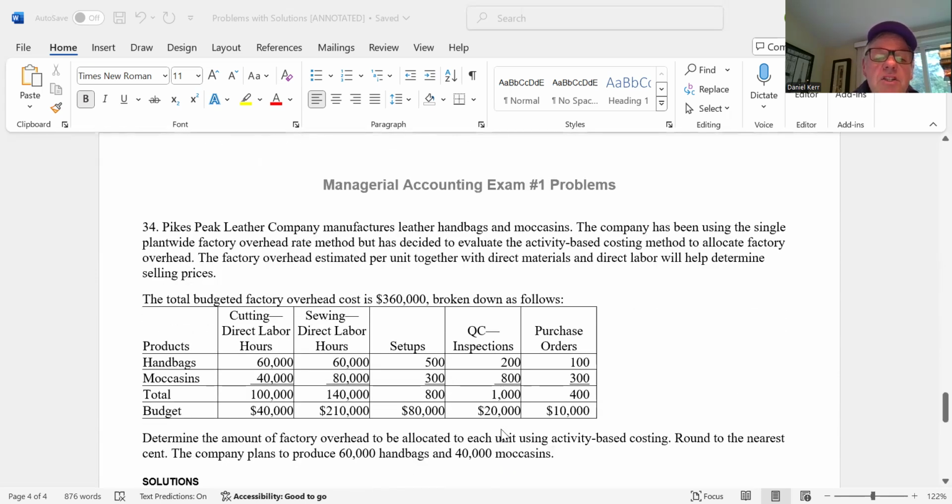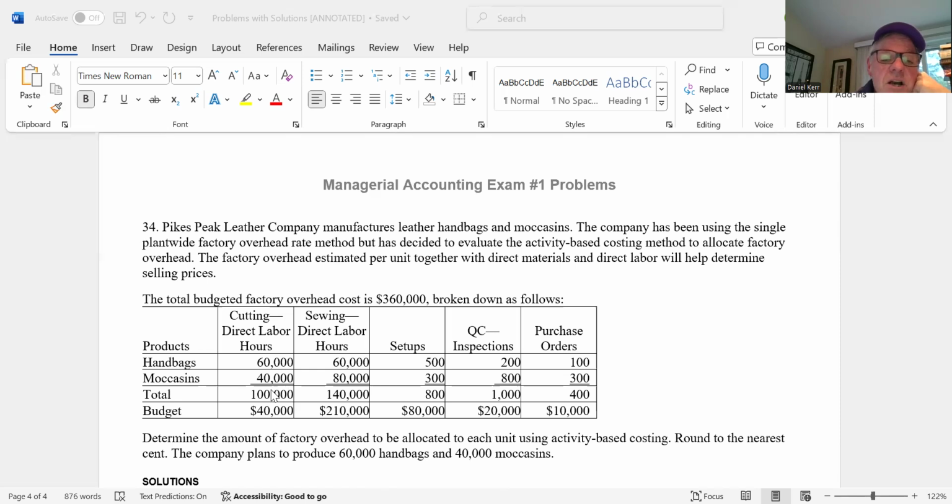And then the last one is you had to allocate overhead with activity-based costing. So what you have to do is allocate the cutting department costs, the sewing department costs, setup costs, inspection costs, and purchase order costs, and you've got to allocate these costs to the handbags and to the moccasins.